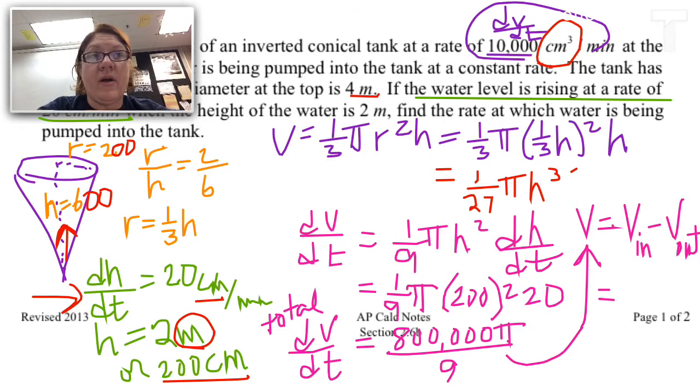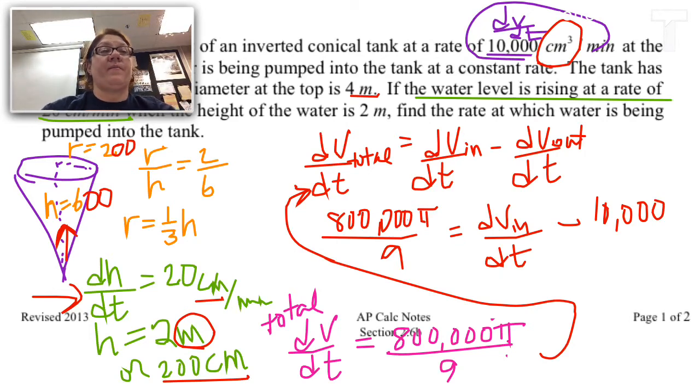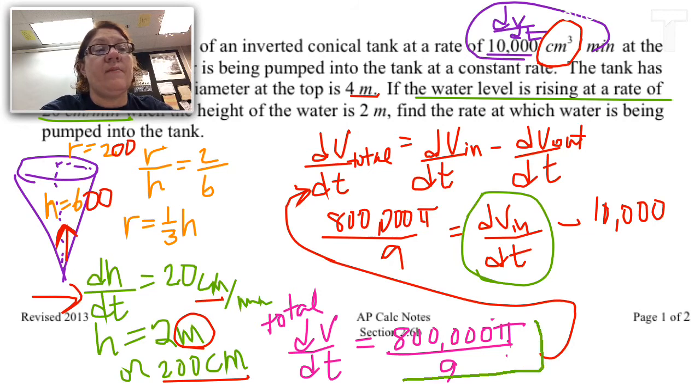Now, the change in the amount in, well, it says it's being pumped in at a constant rate, but I don't know what that constant rate is. I do know that it's leaking out at 10,000 centimeters cubed per minute. So the amount in, I'm trying to figure out. I have the total change, that's what I just substituted in, and I know the amount leaking out.